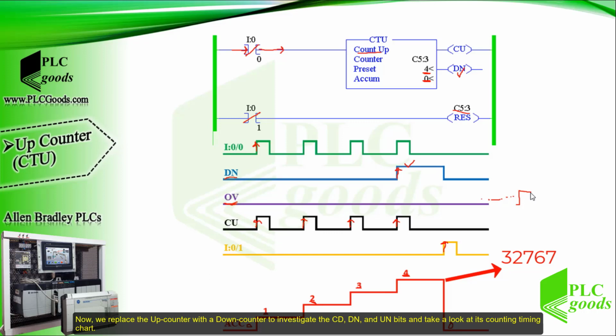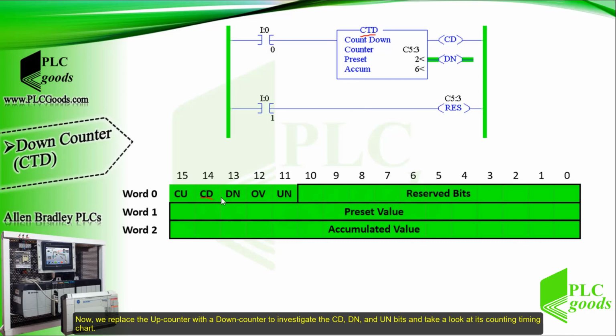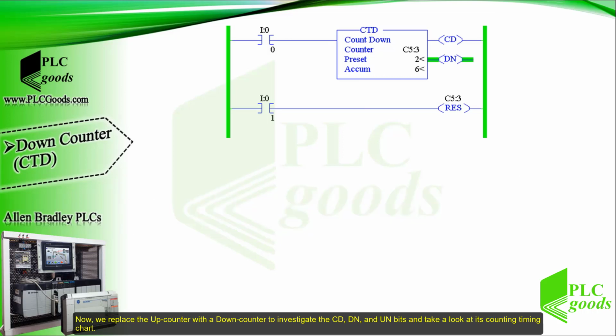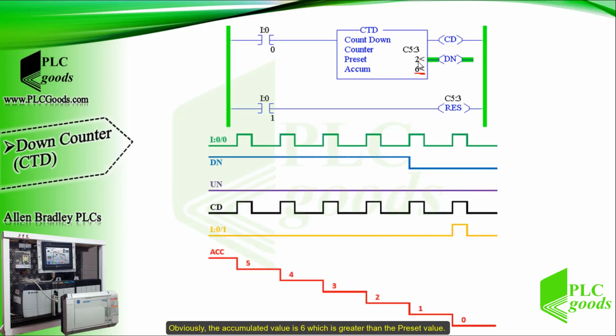Now we replace the up counter with a down counter to investigate the CD, DN, and UN bits and take a look at its counting timing chart. Obviously, the accumulated value is 6, which is greater than the preset value. So the done bit is activated at the beginning.